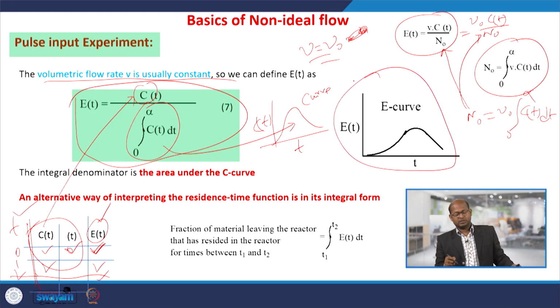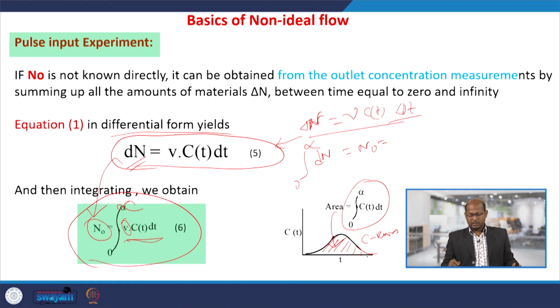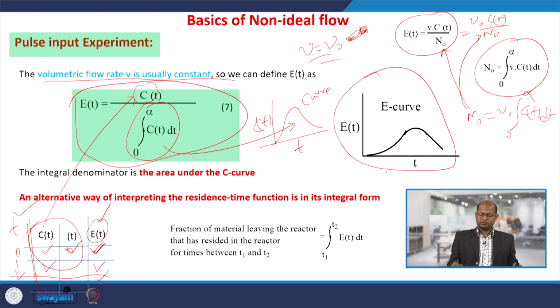How to get the C curve, that we know: from the times and the concentration of the effluent, if we plot, we get the C curve. Similarly, if you know E, then we can get the E curve.